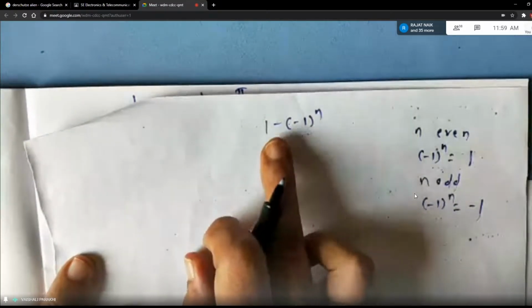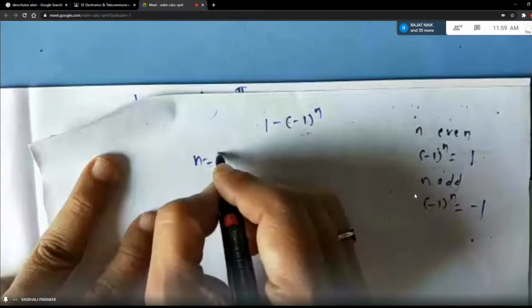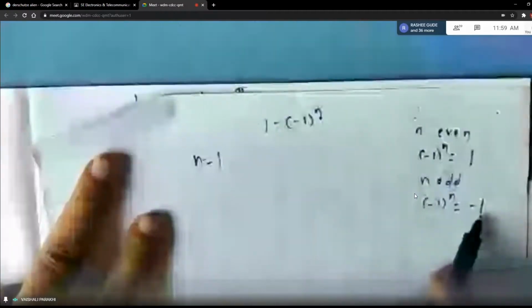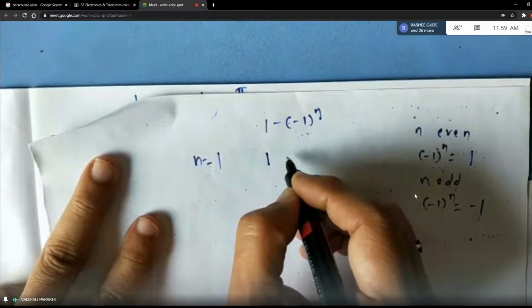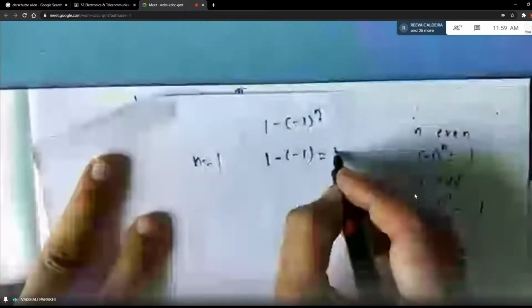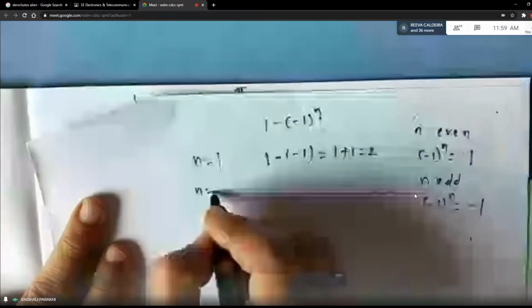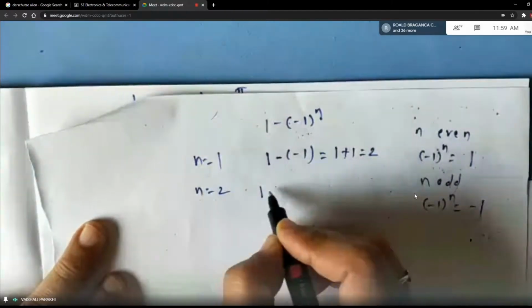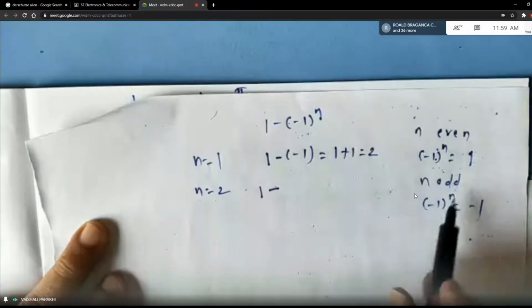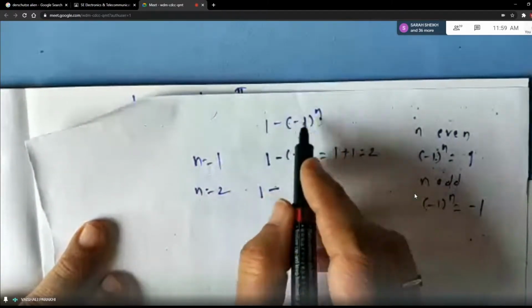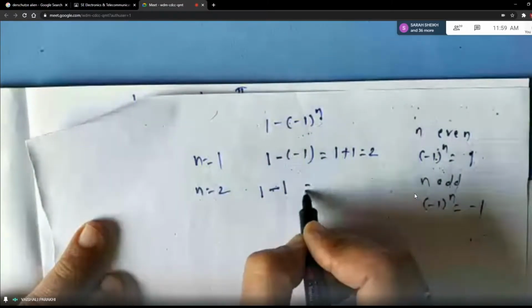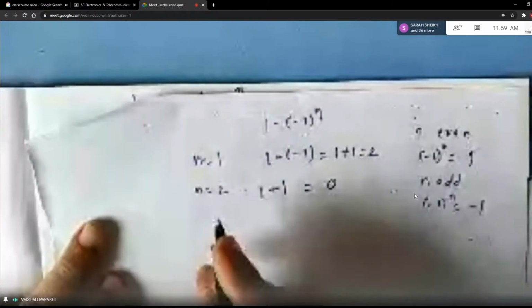For example, when n is 1, n is odd, so it becomes minus 1. So it is 1 minus of minus 1, that is 1 plus 1, 2. Then for n equal to 2, minus 1 squared is positive, so this becomes 1 minus 1, that is 0.